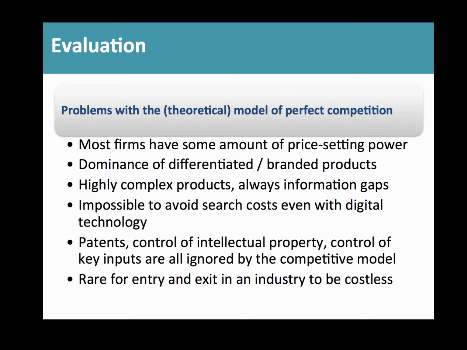And even in today's digital world, where people can search for prices at the click of a mouse and log on to price comparison sites, even then, you can't avoid search costs. And actually, many of these price comparison websites only offer you a selection of prices of different goods and services in markets. It's not the same thing as having access to full information.